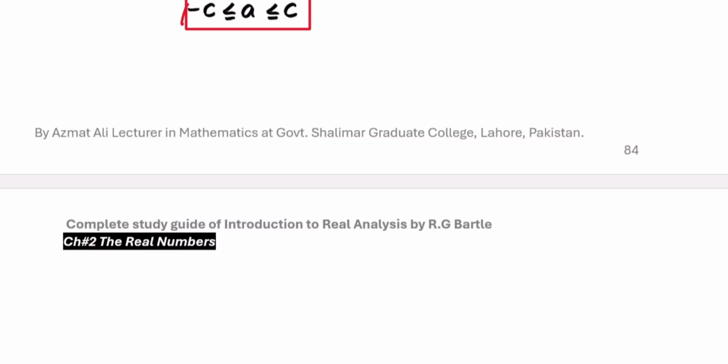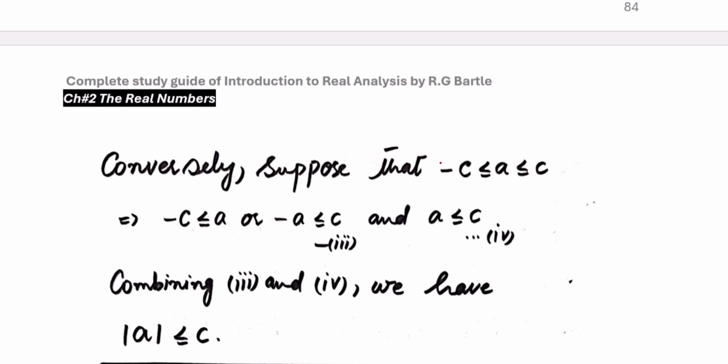That is required. Conversely, we suppose that minus C is less than or equal to A less than or equal to C. Again, from this I have two inequalities. First is minus C less than or equal to A, which by multiplying by minus on both sides gives minus A less than or equal to C. Say this is inequality number 3.